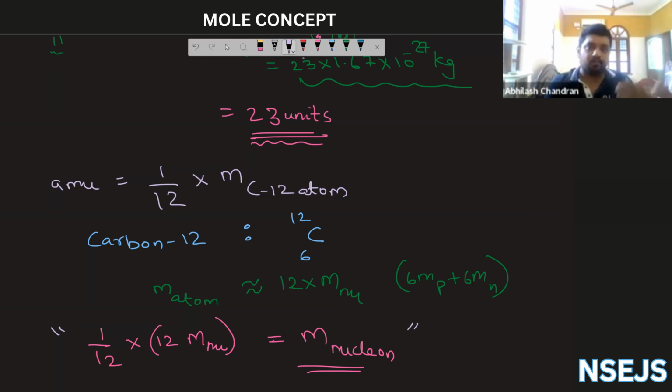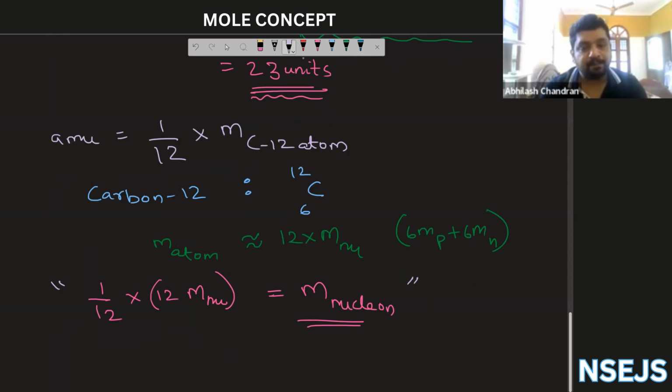You could say that it is 1/4 times the mass of helium, since we saw 4 times the mass of a nucleon roughly. Or, say, sulfur 32: 1/32 times the mass of a sulfur atom. We could define it in any way we want, right? But this is how we defined it: 1/12 the mass of a carbon 12 atom.